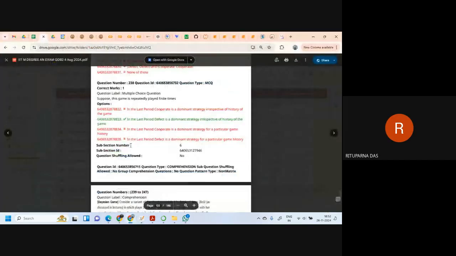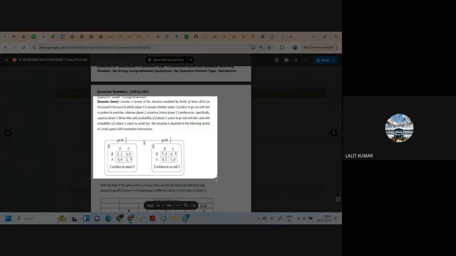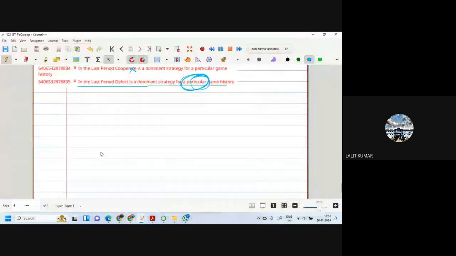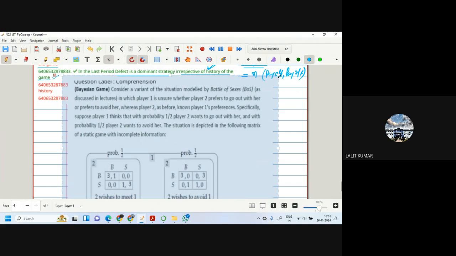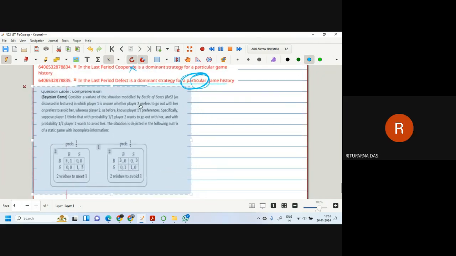Okay, they are playing with the language. Now we come to this question। ये बेस थ्योरम का क्वेश्चन है, ये अपना गर्ल्स एंड बॉयज वाला है। Consider a variant of the situation modeled by battle of sexes.